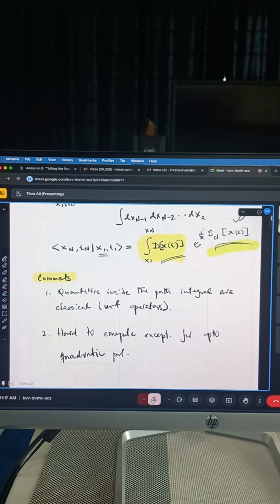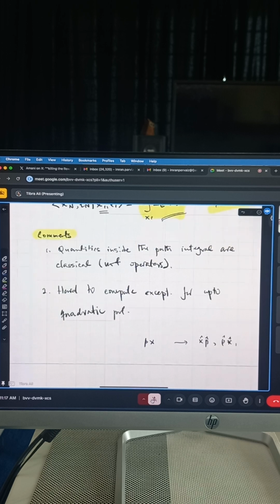Because the Lagrangian, there must be some way of determining this ambiguity. So, for example, a theory has a Lagrangian with a term like this, px or, in quantum mechanics, we can have xp or px, or we can have xp plus x by 2.